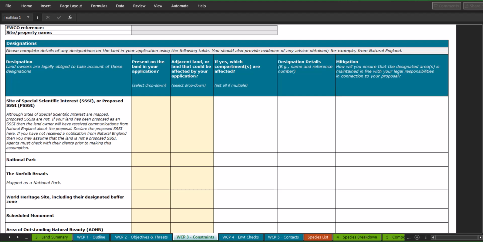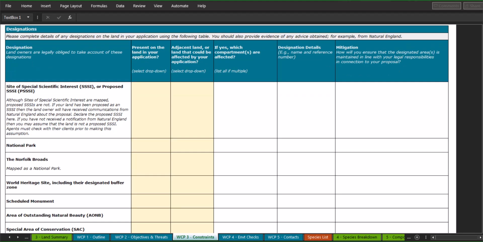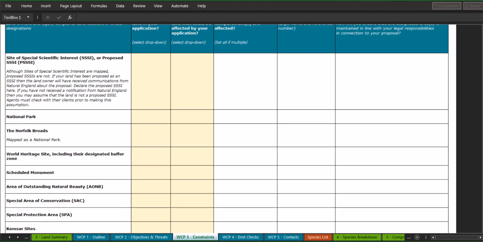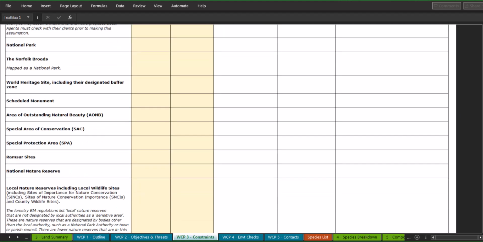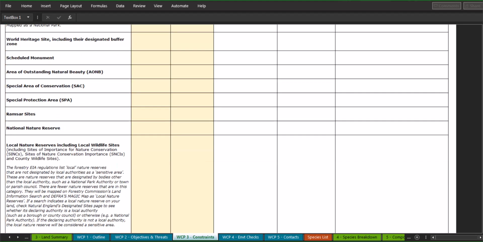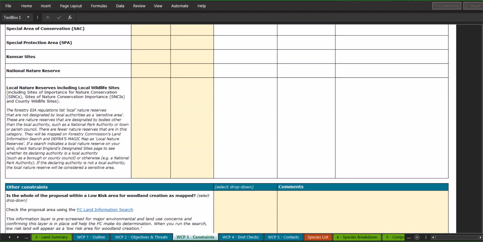What we're looking for in the first section of the constraints are those designated sites. The list of designated sites for the form includes SSSIs, sites of special scientific interest, national parks, the Norfolk Broads, which is mapped as a national park but is very site specific, World Heritage Sites, scheduled monuments, areas of outstanding natural beauty, special areas of conservation, special protection areas, Ramsar sites, national nature reserves, and local nature reserves, including local wildlife sites.